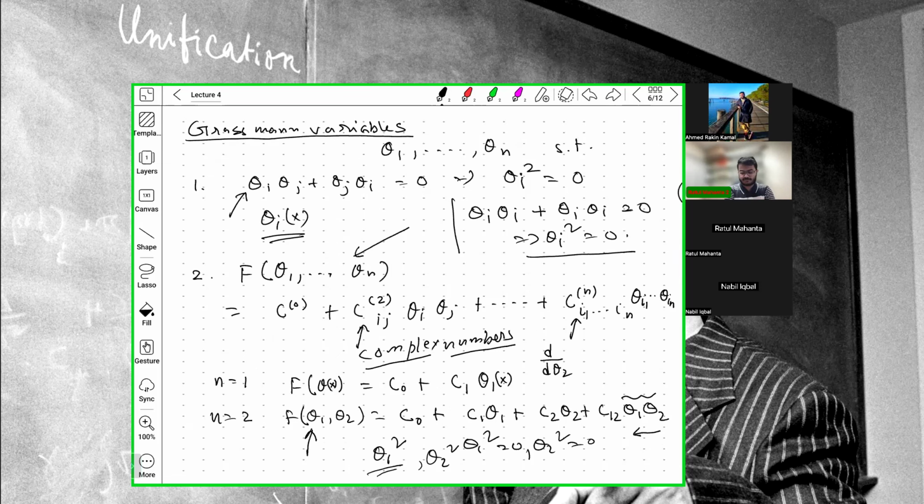Suppose this term is there; the same term can be written as minus theta 2, theta 1.